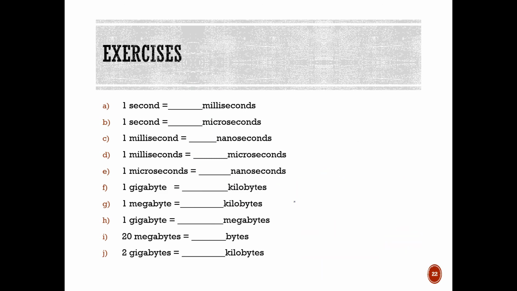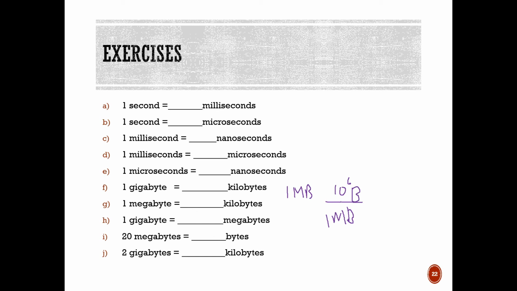Moving on to the next one, we have megabytes into kilobytes, which is exactly the same thing, except instead of 10 to the 9th bytes in a gigabyte, it's 10 to the 6th bytes in a megabyte. So I'll just show you. In 1 megabyte, since we want to cancel these conversions out, there's 10 to the 6 bytes.